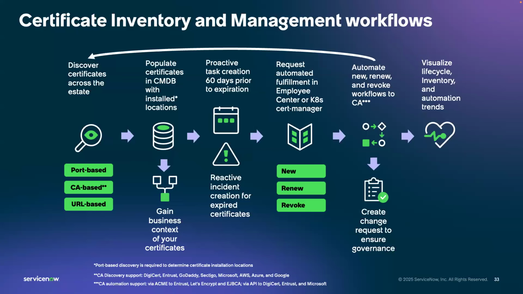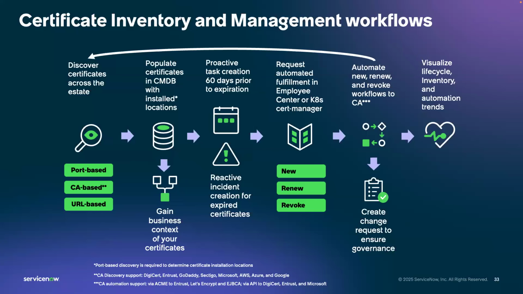So with our solution, our certificate inventory and management workflows, we have the ability to do discovery, whether that's port-based or CA-based via APIs or even URL-based for those certificates where you may not be doing discovery, right? For that infrastructure, maybe in the DMZ or hosted in an environment that you don't own, that you can't get credentials on, right?